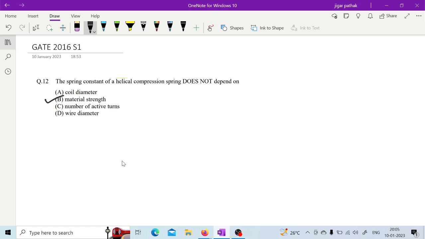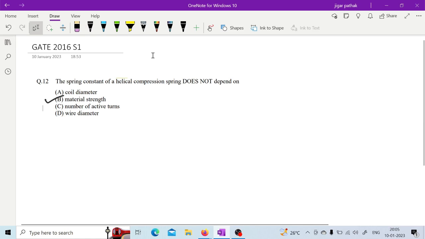Sir, but G is there in the expression. So what is G? It is the modulus of rigidity. Right, so that is why strength is not affecting this particular spring constant, right? But it also depends on material.